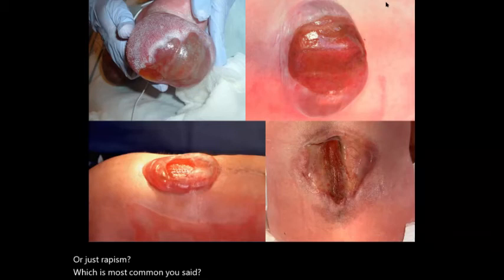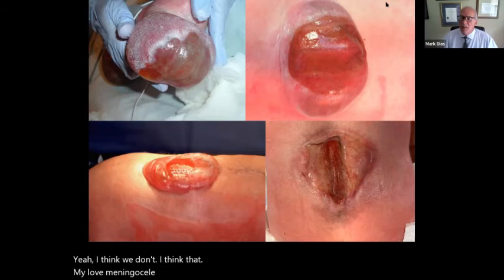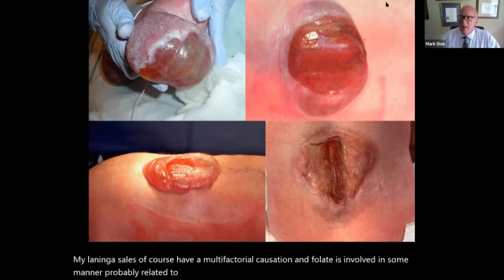Because I belong to India, in the northern part of the country, the Indian subcontinent. Here, we most commonly encounter lack of folic acid supplementation during gestation. Yeah, I think that myelomeningoceles have a multifactorial causation, and folate is involved in some manner, probably related to methionine synthesis and the methionine cycle.